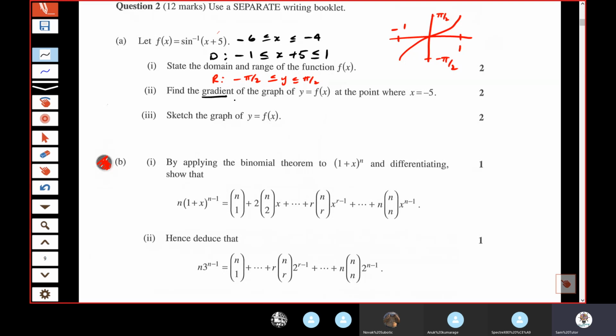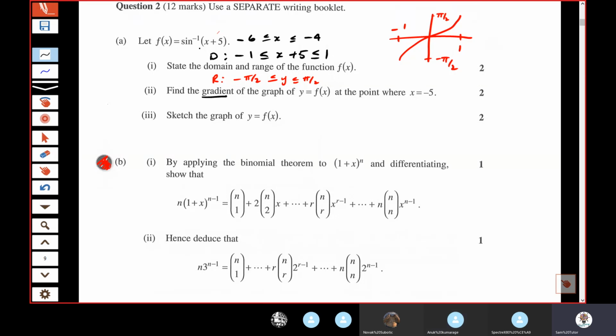Just to find gradient, what do you usually have to do? That's to find the equation of a line, which is usually linked with the gradient. How do I just find the gradient? Gradient of any graph. Differentiate it. So the gradient would be the derivative.